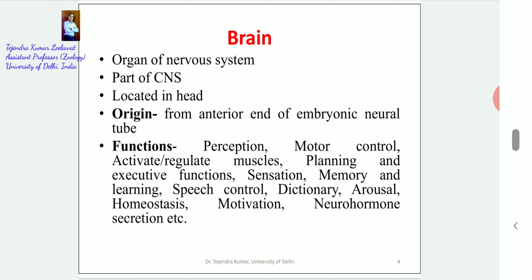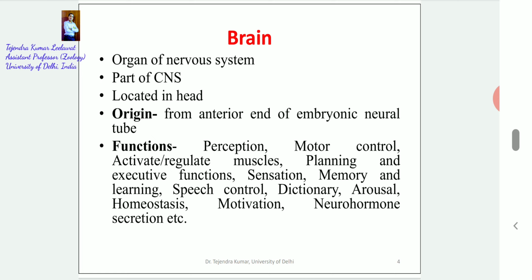It is located in the head, and it is postulated that it originates from the anterior end of the nerve, and later it was clearly researched and demonstrated that yes, it does, from the anterior end of the embryonic neural tube.